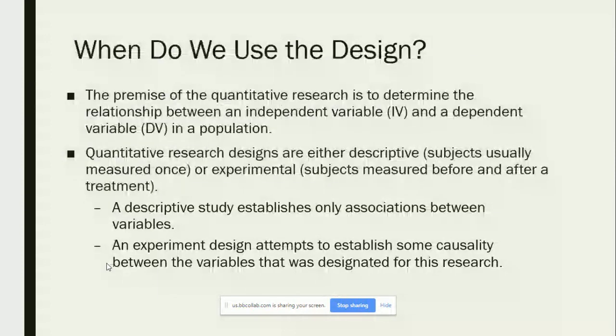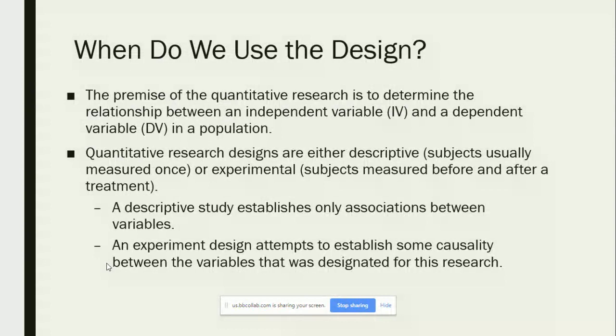When do we use this design? The premise of quantitative research is to determine the relationship between your independent variables and your dependent variables in some population. Quantitative research design could either be descriptive, which just means you measure it one time, or experimental.